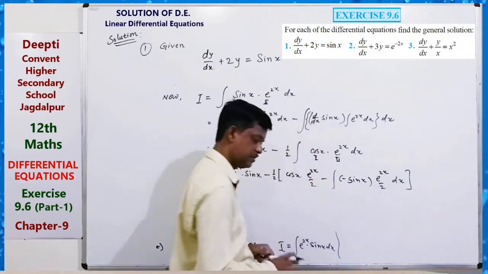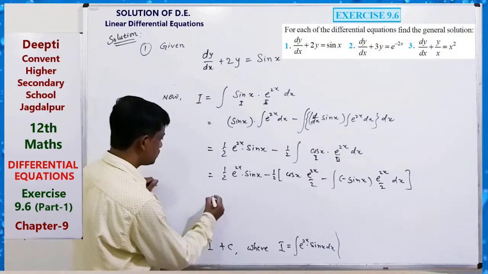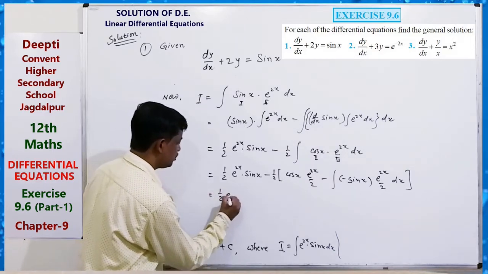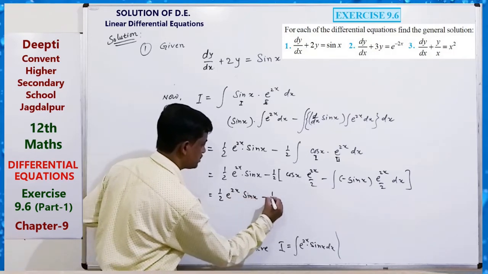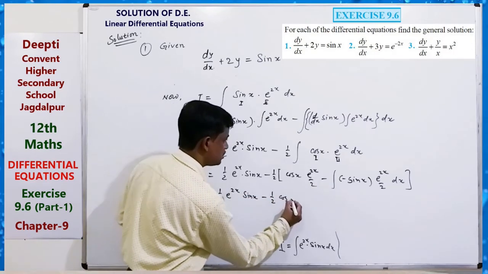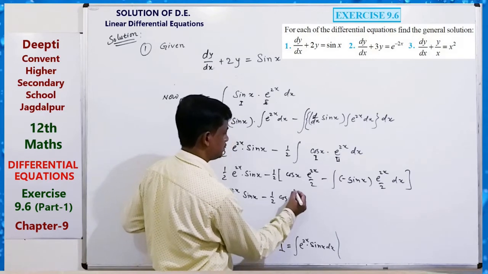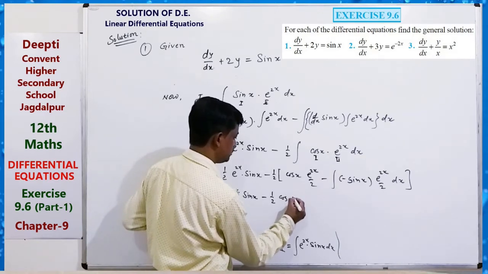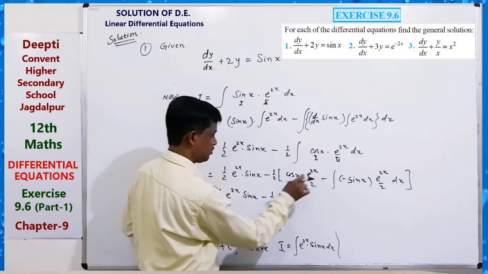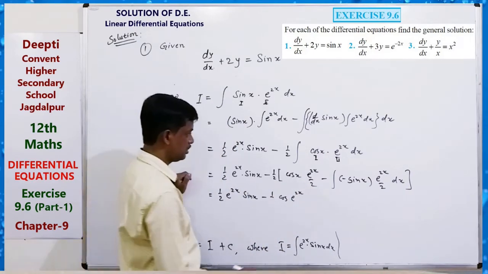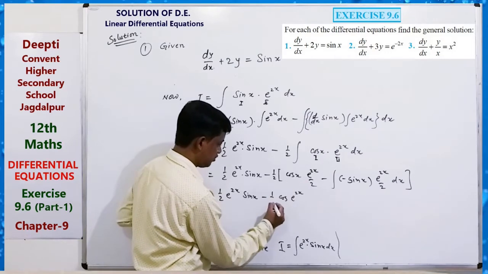We get like this. So this is equals to e to the power 2x sin x minus half cos x e to the power 2x, 1 by 2, that is 4.